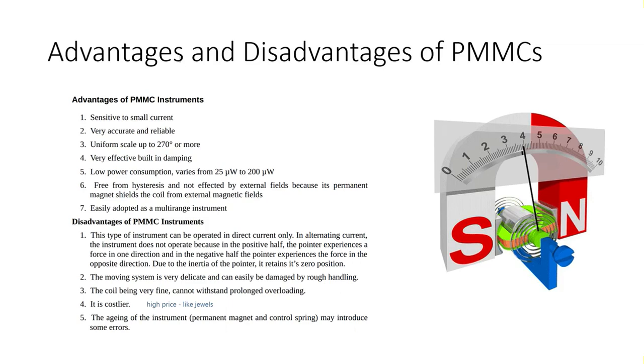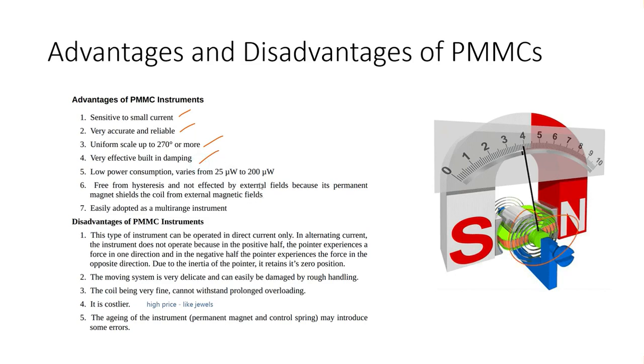These are some of the advantages and disadvantages of PMMCs. Let's go through them. These PMMCs are sensitive to small currents, so good for us, very accurate and reliable. It gives 270-degree or more deflection based on the scale that we are providing. Very effective built-in damping because we have a spring in here, so a good damping system.